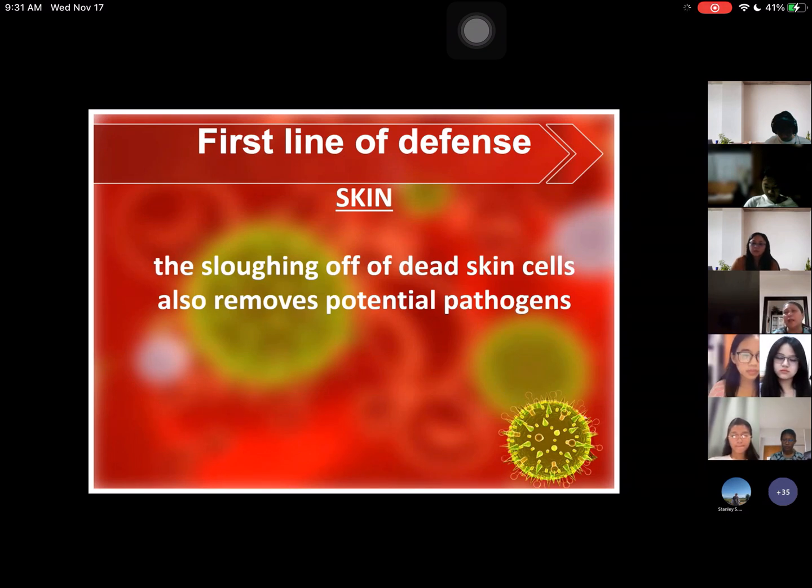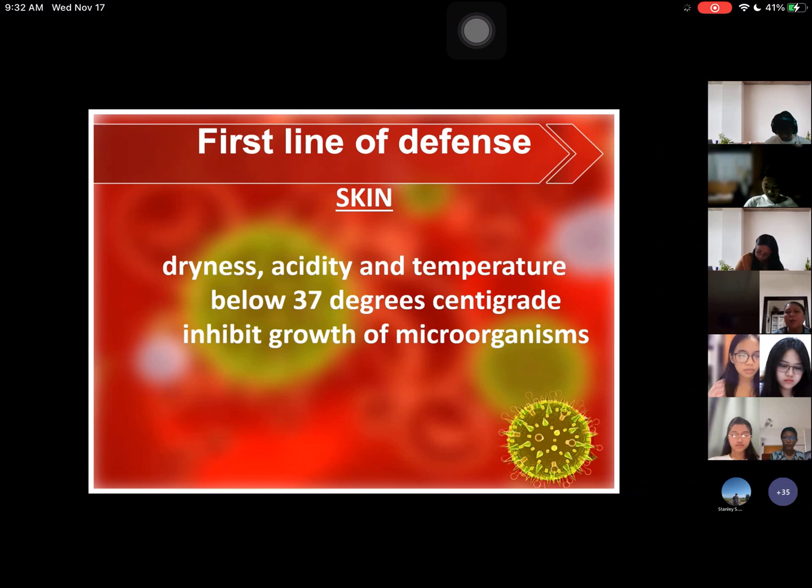Not too much scrubbing, but make sure you scrub those potential areas that may be accessed by pathogens. So the sloughing off of dead skin, when you get flaky skin, is a good sign that you are removing potential pathogens. That's again part of our first line of defense, still in the skin. Dryness in the skin, acidity, and a temperature below 37 degrees centigrade inhibit growth of microorganisms.